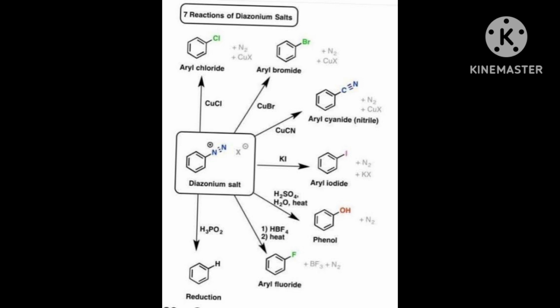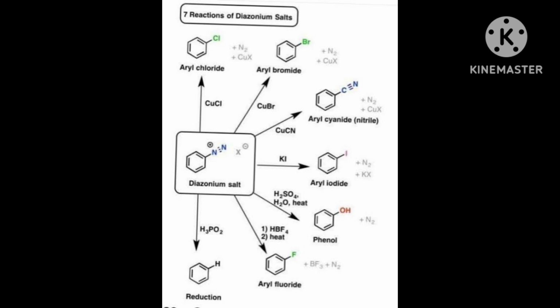Now same way ethanol, with ethanol what we will get, I am telling you, ArN2 Cl minus, N2 plus Cl minus plus ethyl alcohol, means CH3CH2OH.